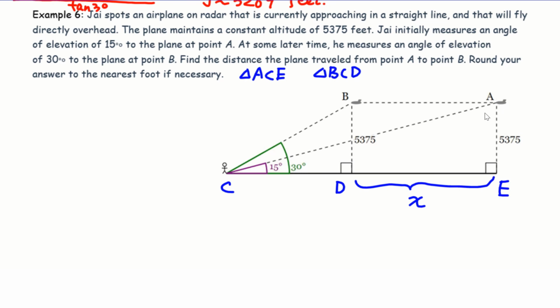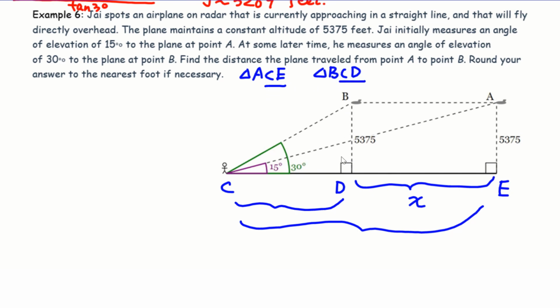You will see they don't have a common side, so we just solve these 2 triangles separately. Then we find the CD first, then we find the CE, then subtract these 2, and you will find the x. This is what we want to do. Find the CE, find the CD, then subtract these 2.